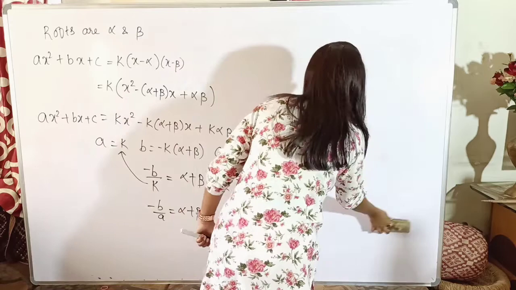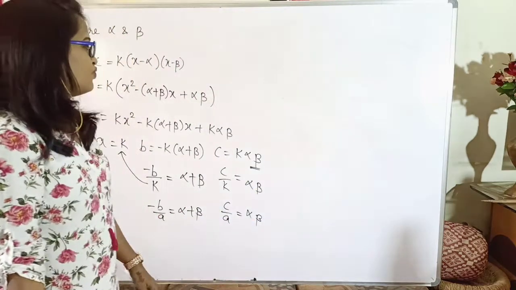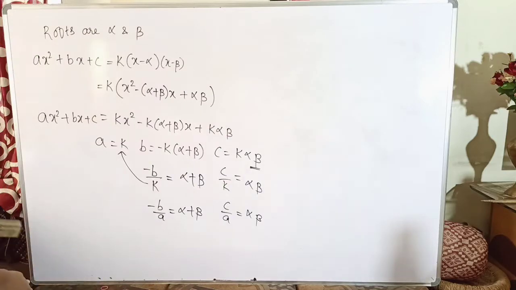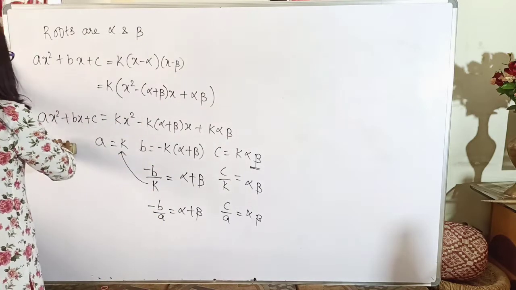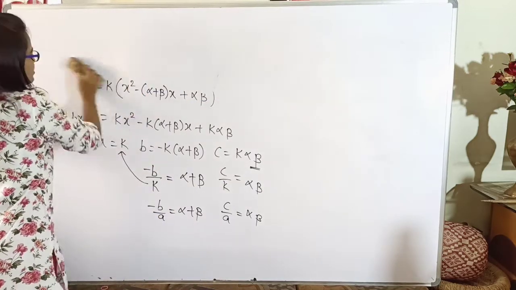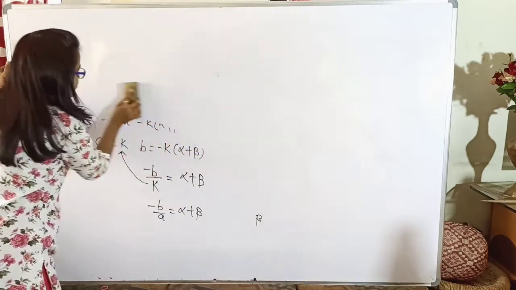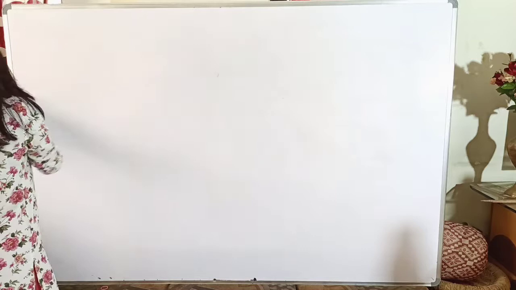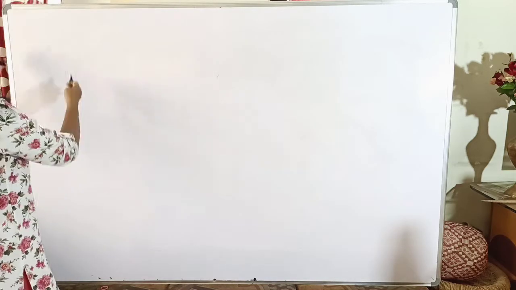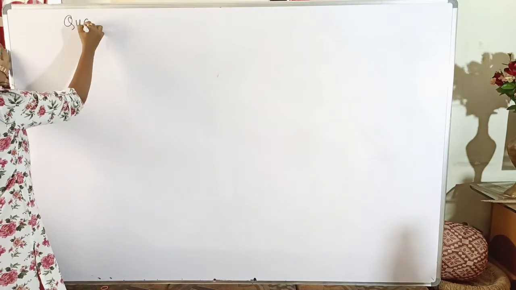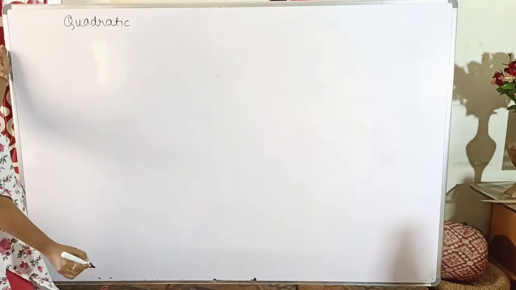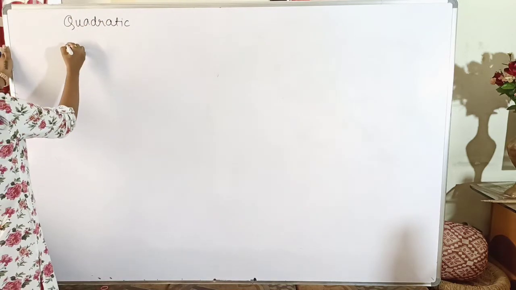Yes, let us see if we can do the same thing with respect to a cubic polynomial. Yes, so let me rub this everything, and I will just write with respect to the quadratic polynomial, what do we get as the relation? Okay, so with the help of the quadratic polynomial relation, we will find the relation with the cubic polynomial also.